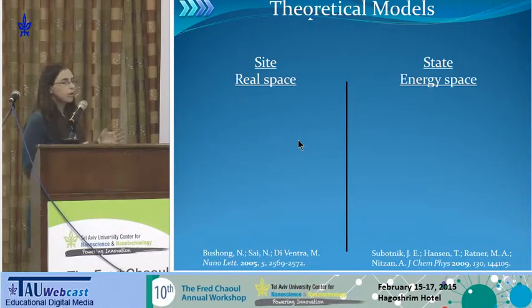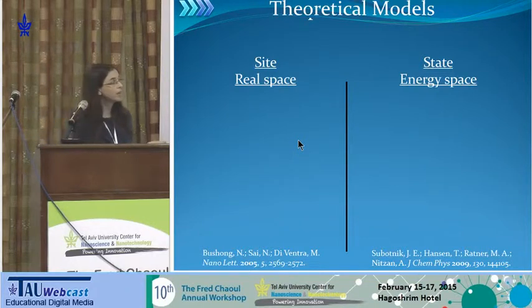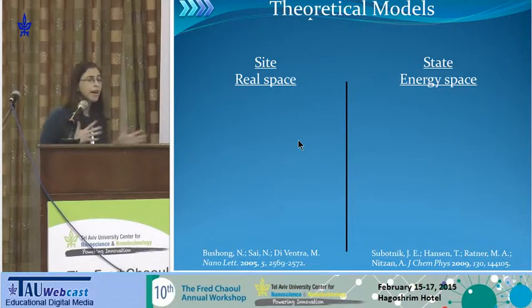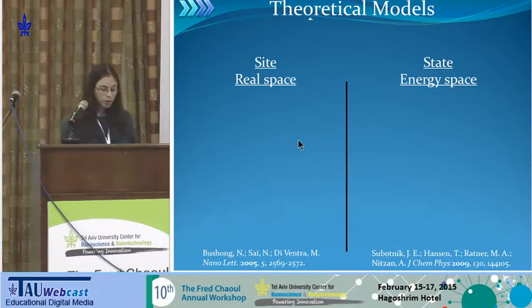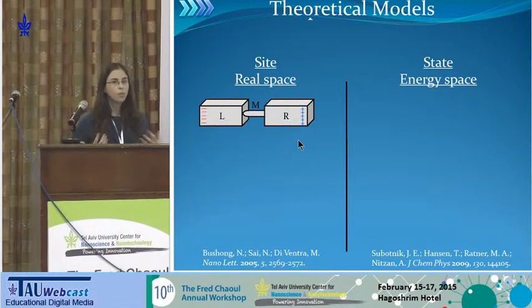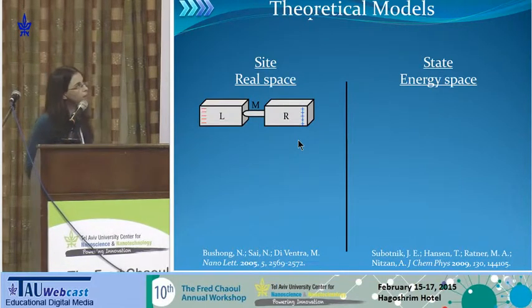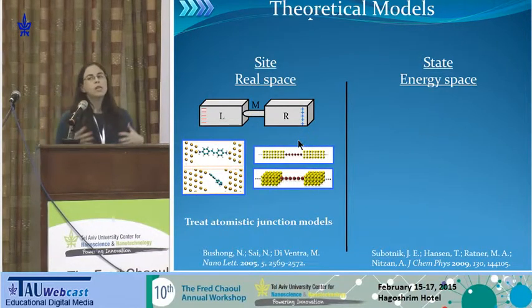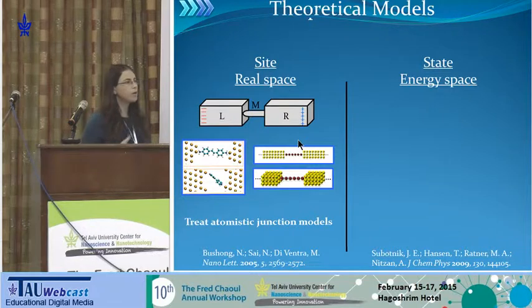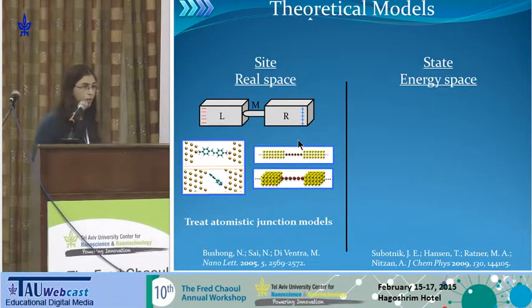Now, when choosing a theoretical model, there are two different points of view which are usually discussed separately. There's the site representation and the state representation. The site representation is the real space picture, the atomistic picture. And the main advantage when working with a site representation is that we can control the junction geometry, the lead dimensionality, and the lead shape.